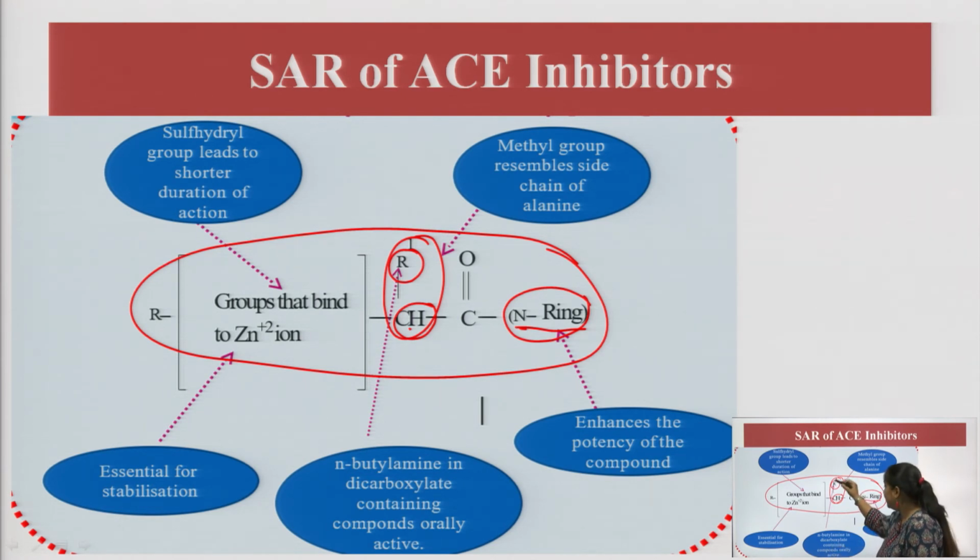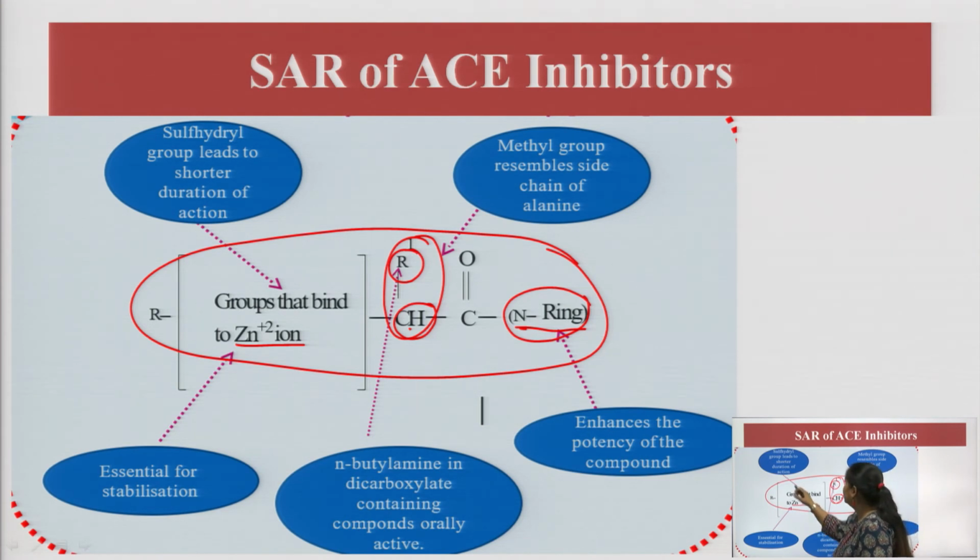That means if we add N-butylamine in some drugs, the oral activity increases, so you can take the drugs orally and they will be quite potent. Then, the zinc ion here is very essential for the stabilization of the whole drug.